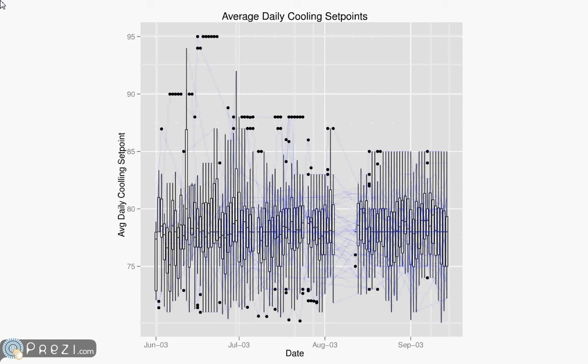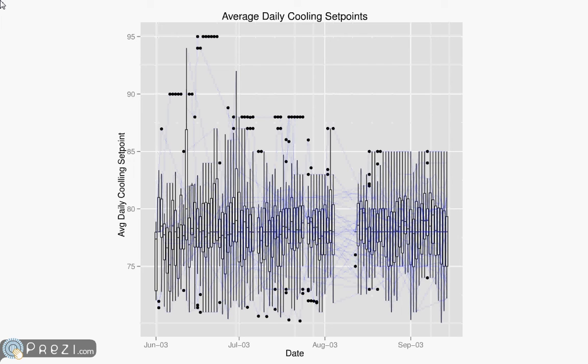Now, I've gone ahead and made it so you can see the variability in thermostats in a slightly different way. So what you're looking at here is the average of the cooling set points during the day when the thermostat is in either cooling mode or auto mode. And so it's when it's not in the off position. On each day, you're going to see a little bit of variation, and what we have there is a box plot with a little dash in the middle indicating the median of the average daily cooling set points for each household.